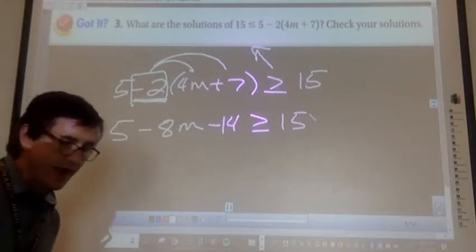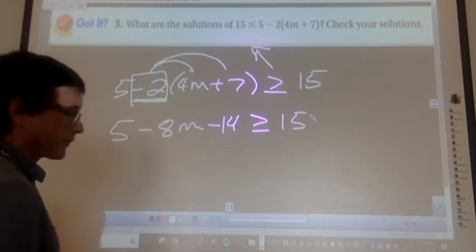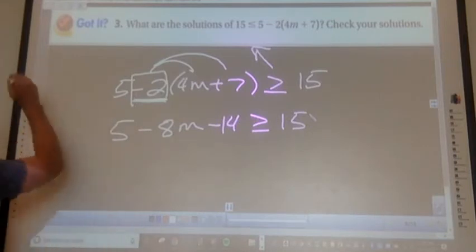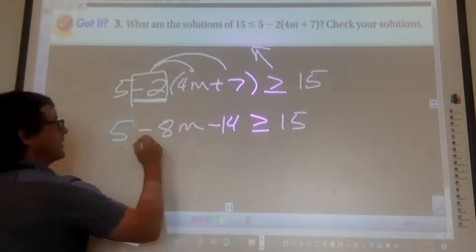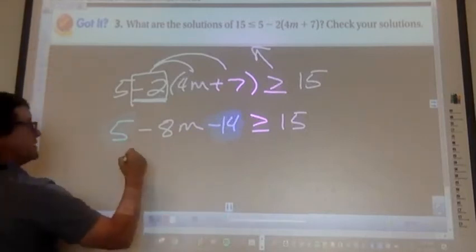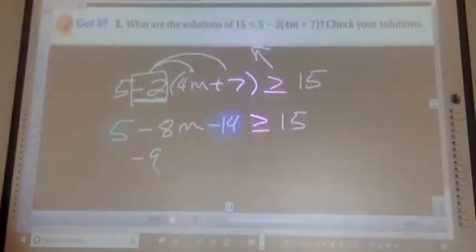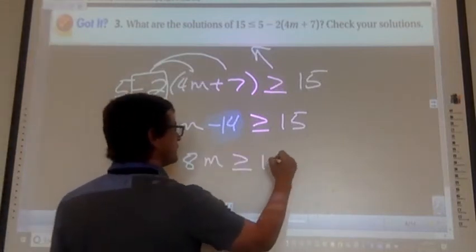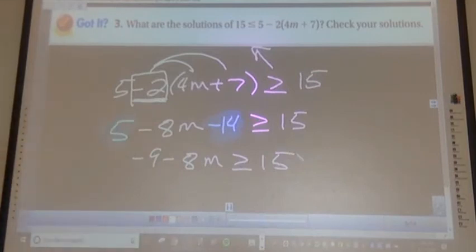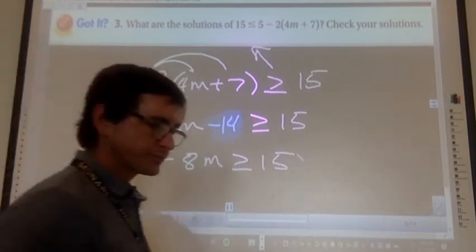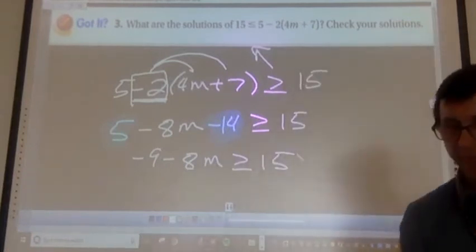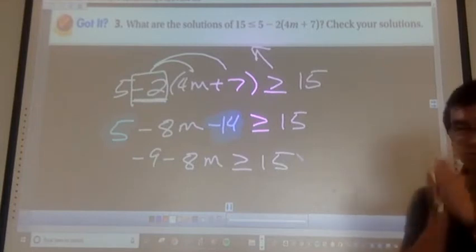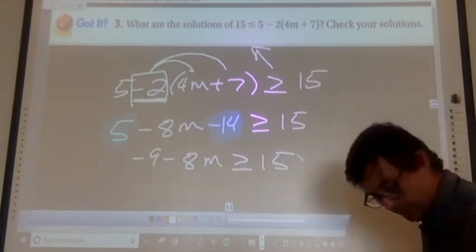What should I do now? How about Maddie? You can combine the like terms. Good. So 5 minus 14 is -9. -9 minus 8m, greater than or equal to 15. What would you do next, Shannon? Add 9. Add 9 to both sides.